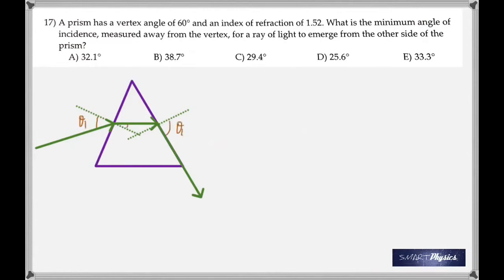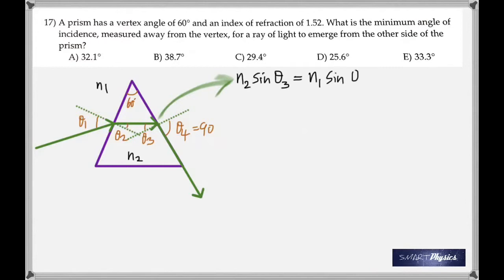Now theta 1, theta 4, and inside you have theta 2 and theta 3. Theta 4 is 90 degrees. From the diagram it's very clear. If it just emerges, then theta 4 is 90 degrees. That's N1, and you can apply Snell's law at the second point. And we know theta 4.